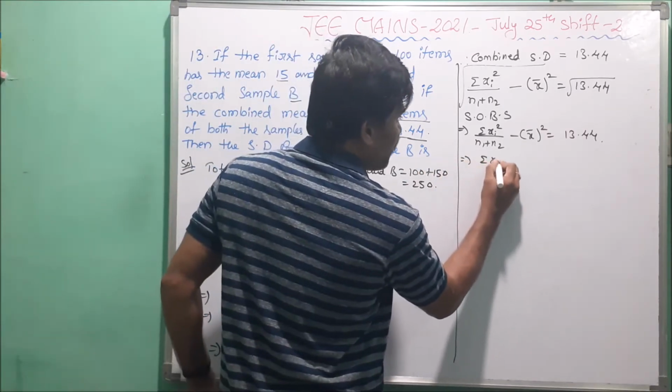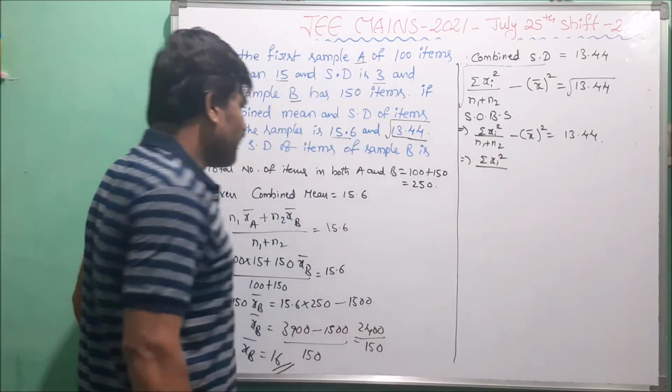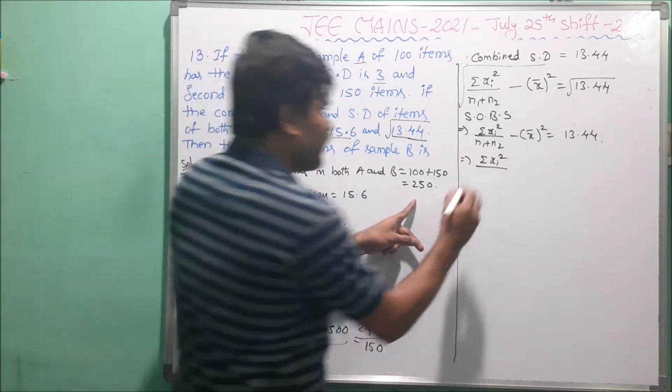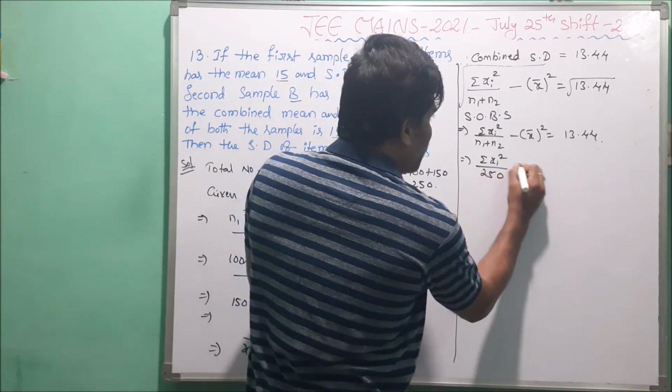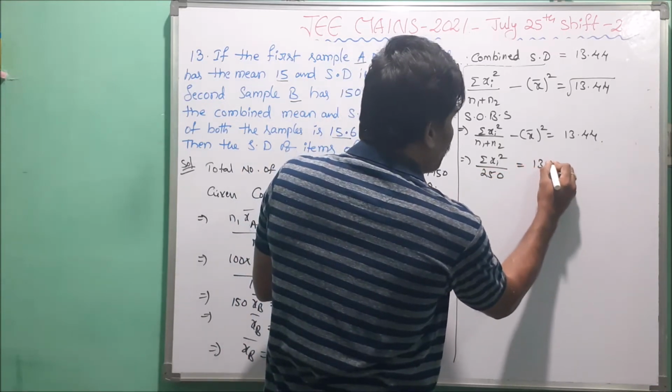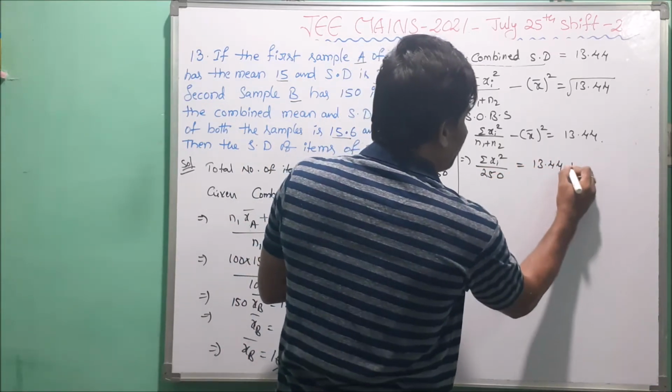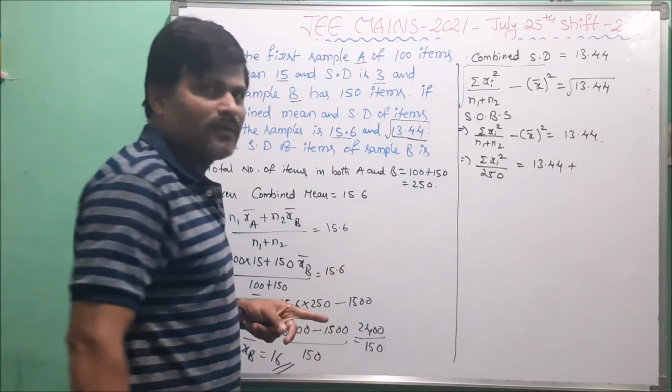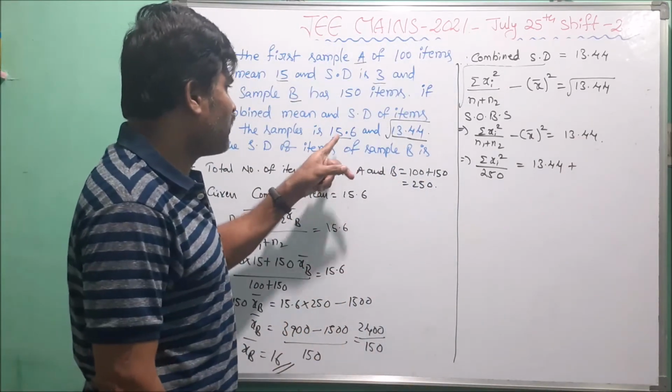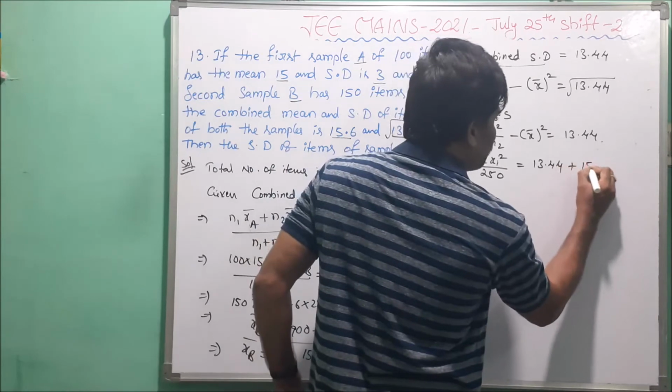Now the combined mean is already given, that is 15.6. So summation xi square is not known. Summation xi square by n1 plus n2, that is 250, equals 13.44 plus x bar square, where x bar square means 15.6 whole square.